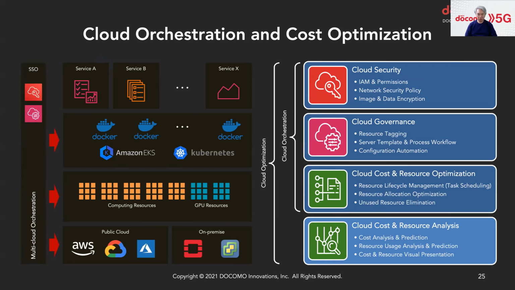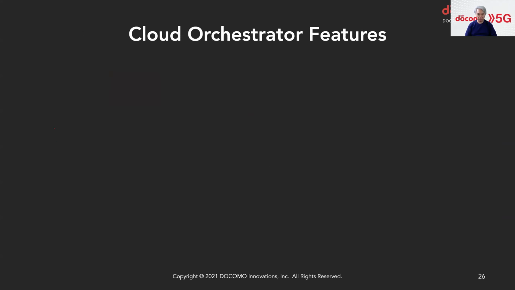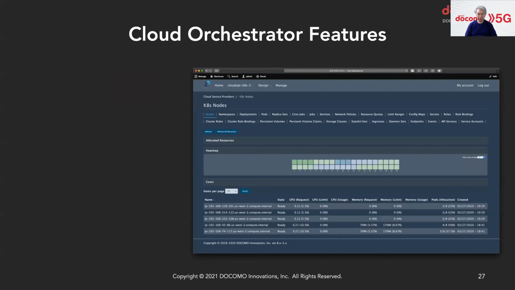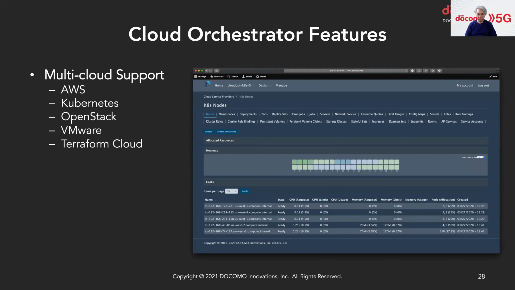In order to implement this big picture, we are focusing on multi-cloud orchestration. So let's move on to the cloud orchestrator features. This is the screenshot again of cloud orchestrator managing a Kubernetes cluster, for example.